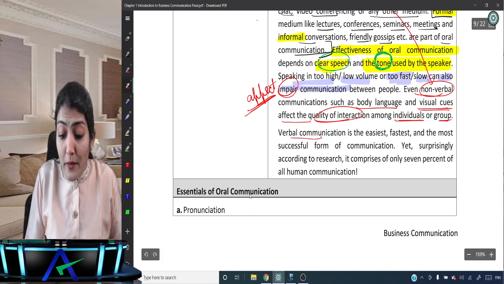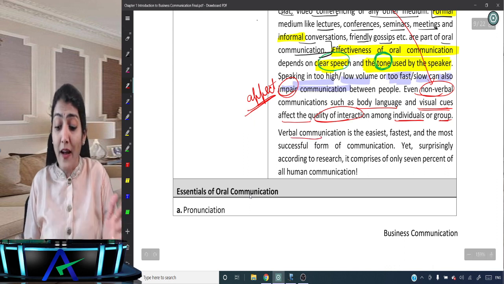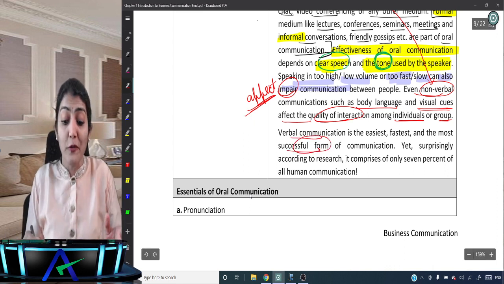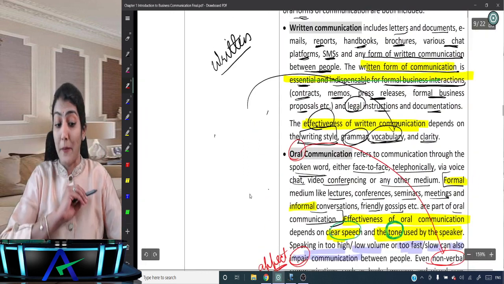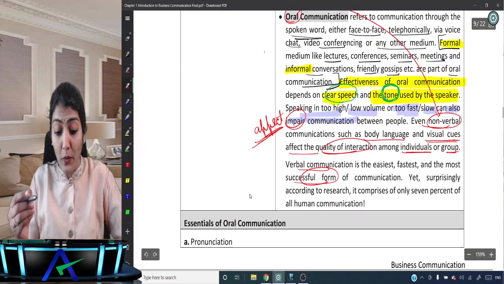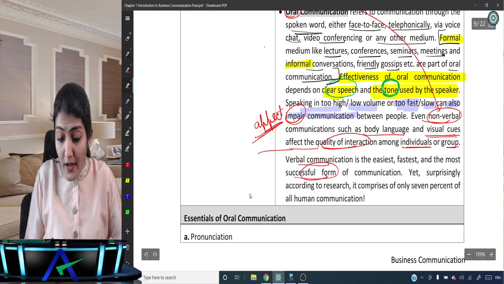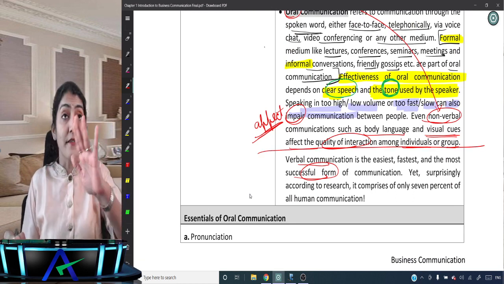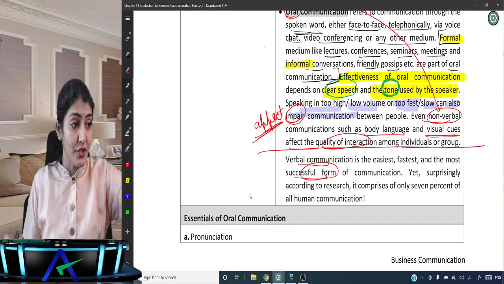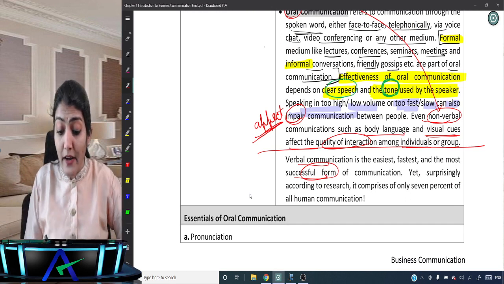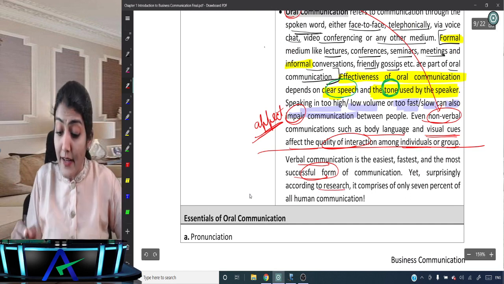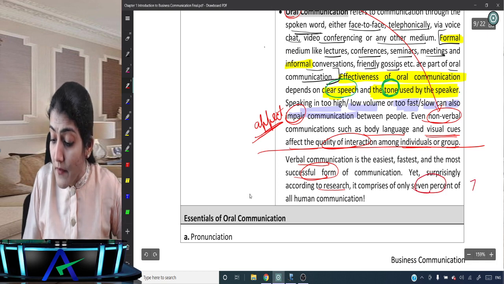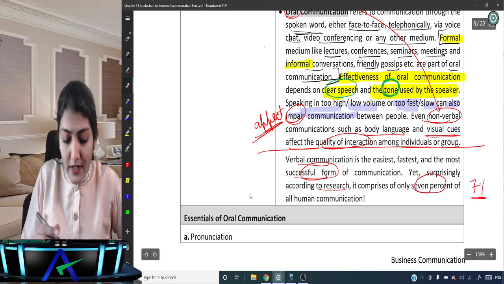Verbal communication is the easiest, fastest, and the most successful form of communication. Verbal means written and oral. Yet, surprisingly, according to research, it comprises only 7% of all human communication.